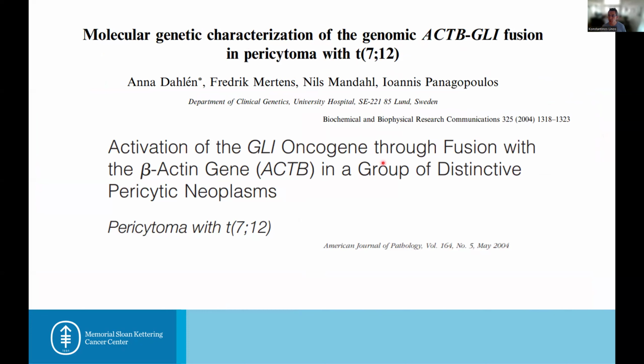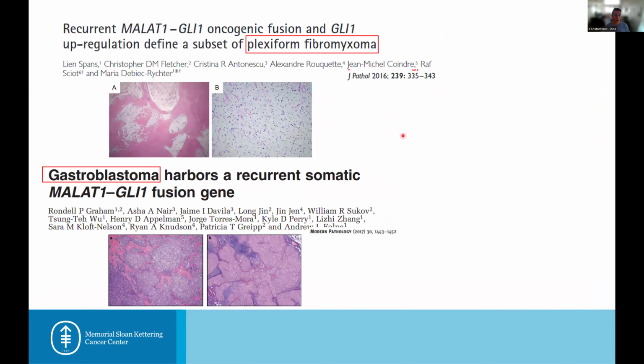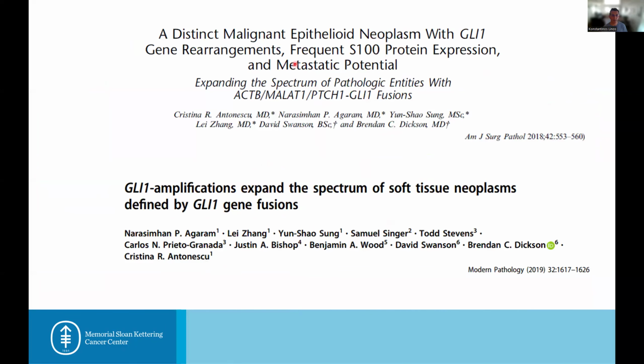But GLI1 fusions or amplifications have been described in mesenchymal neoplasms, and the whole story starts in 2004, with a tumor that was thought to be a pericytoma at that time, in 2 papers in the same year. However, as we know, these fusions are promiscuous and have been seen in different neoplasms across the board. GLI1 fusions have been seen in some rare gastric tumors, such as gastroblastoma and plexiform fibromyxoma.